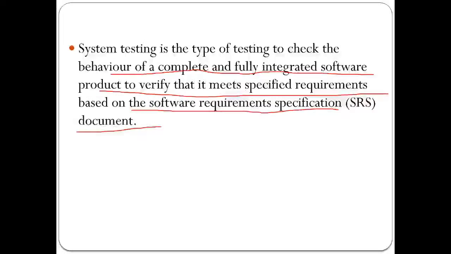To conduct system testing, the software requirement document is referred to. Whatever requirements have been specified in the documents, we check whether the system matches those requirements, whether the system is actually working according to them. The actual behavior should match the expected requirements, and that will be tested in system testing with fully integrated software.